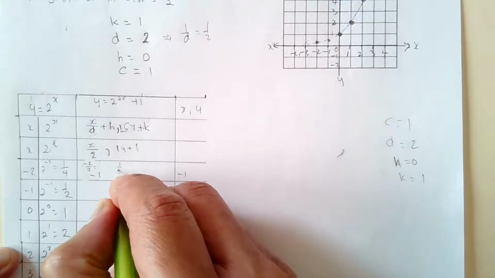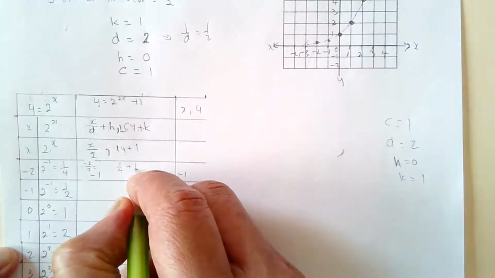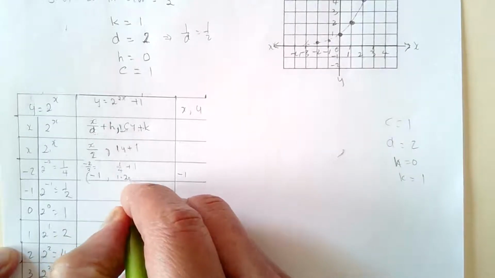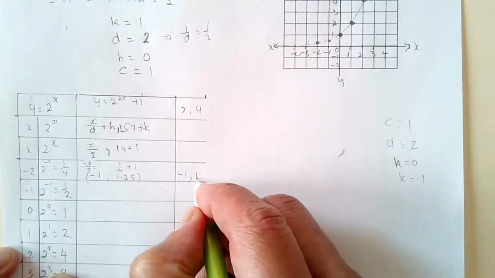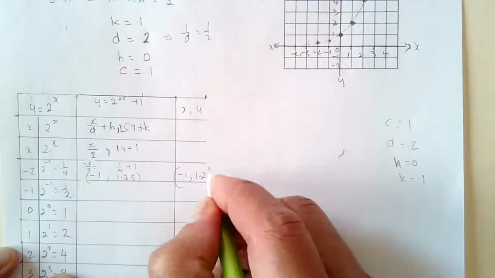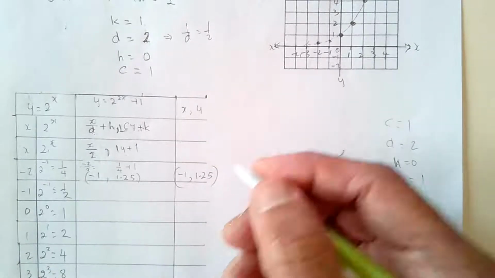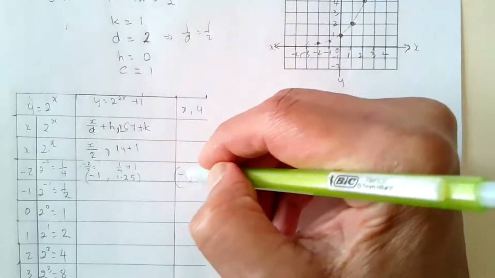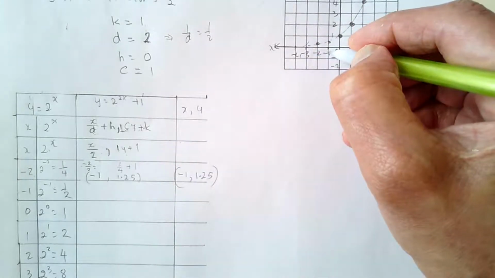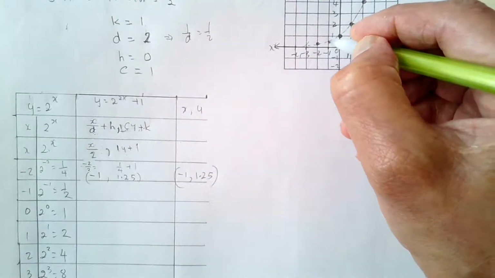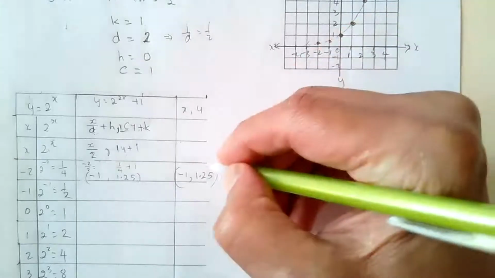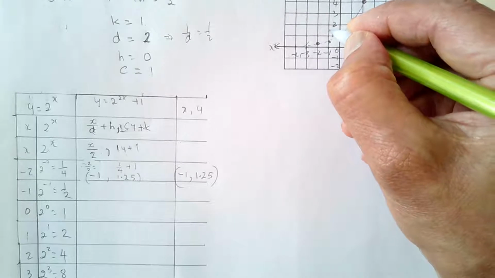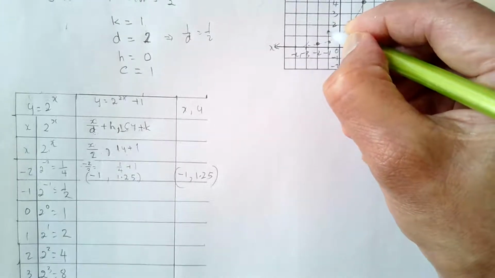So a quarter plus 1, which is 1.25. So that's my first point. So x is -1, y is 1.25. What we have there, -1, 1.25, would be about here.